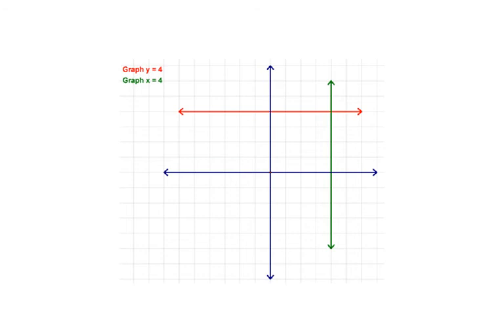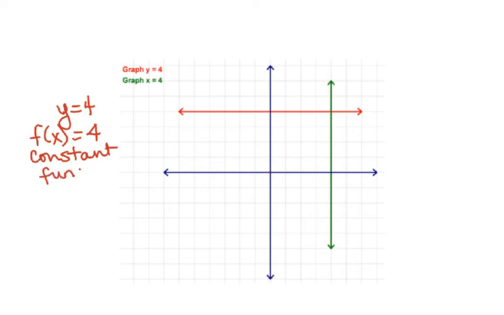So let's first look at this horizontal line, y equals 4. Well, this one you can write as f of x equals 4. We call that the constant function. It is a function. It passes the vertical line test. It's written in function notation.